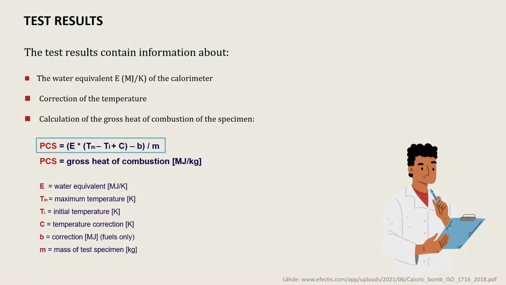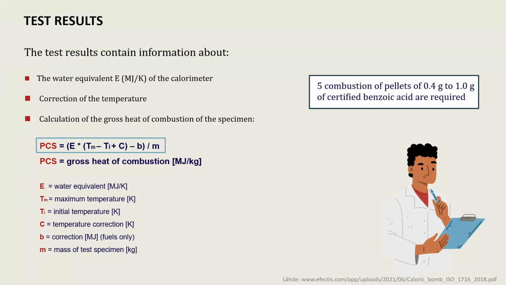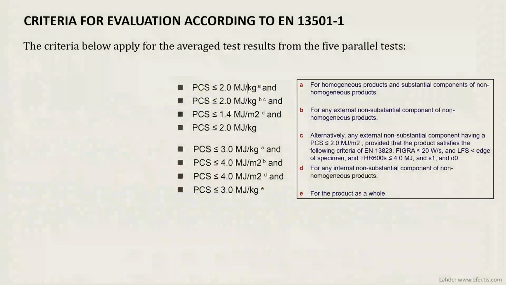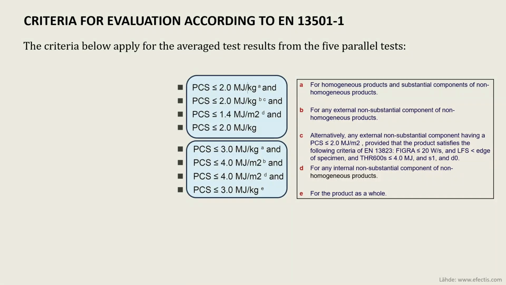For the test result, the water equivalent, E, of the calorimeter is determined by making at least 5 determinations of the gross heat of combustion of pellets of 0.5 gram to 1 gram of certified benzoic acid. The criteria shown here apply for the average test results from the 5 parallel tests.